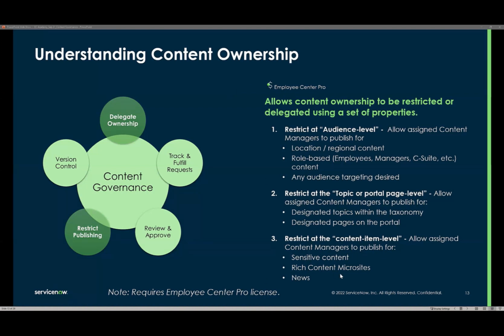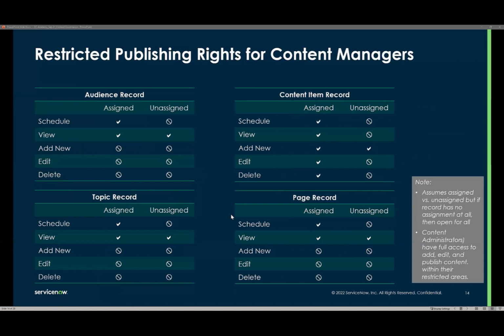So we will see aspect of this and how to set these properties in the demo if there is time, but I did want to call this out. Lastly, just one more thing. In terms of roles, there is a content admin role who would have full access to add and edit and publish content.